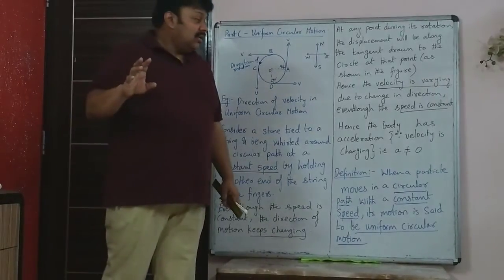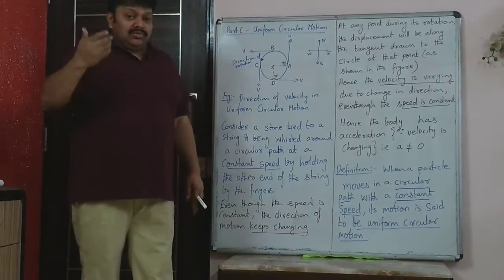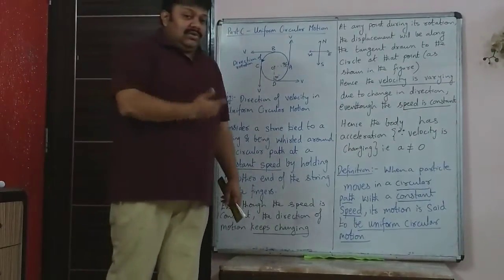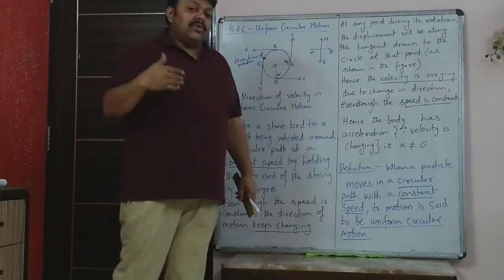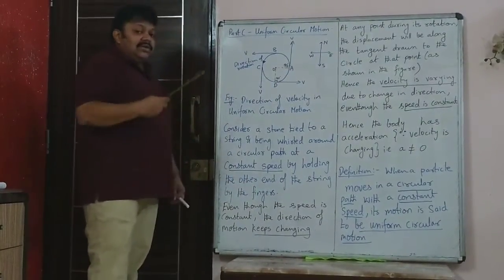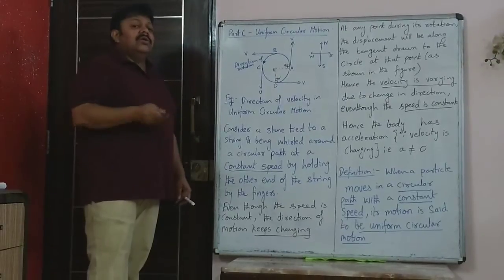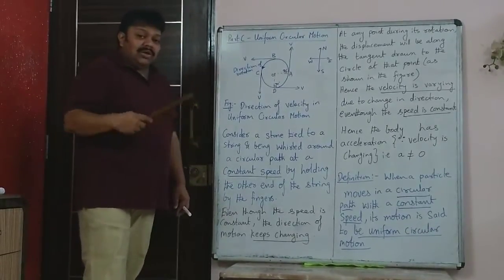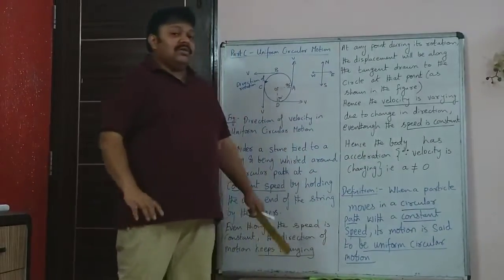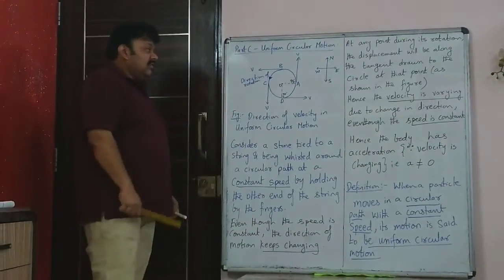Acceleration is not equal to 0. Because what is acceleration? It is change in velocity upon time. So in this case, velocity is changing, so the body has accelerated motion. The velocity is changing due to change in direction. Speed is constant, and because velocity is changing, the body has acceleration. Acceleration is not equal to 0.